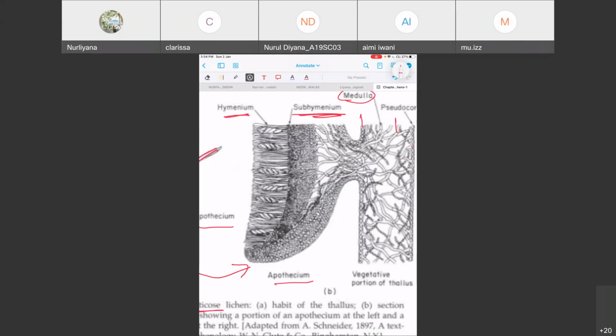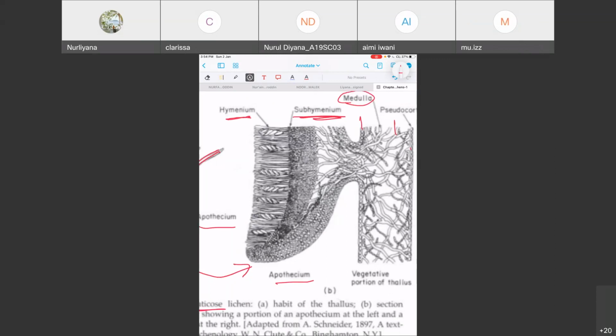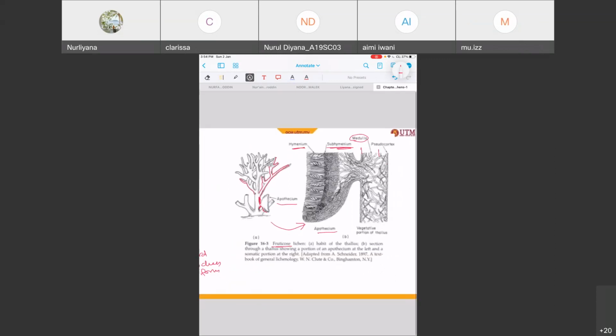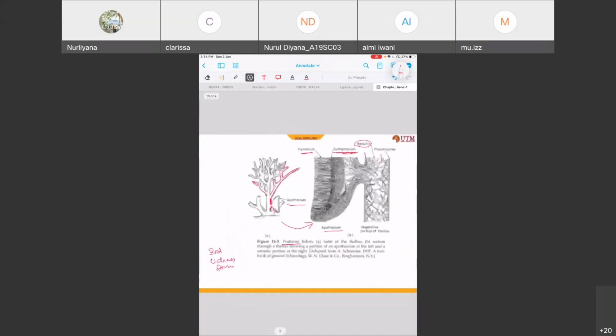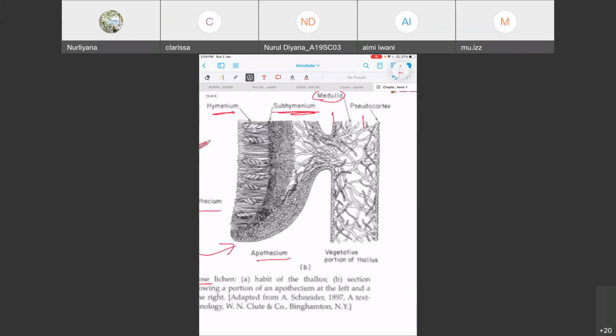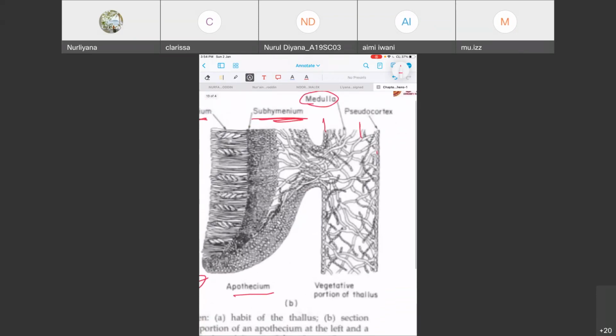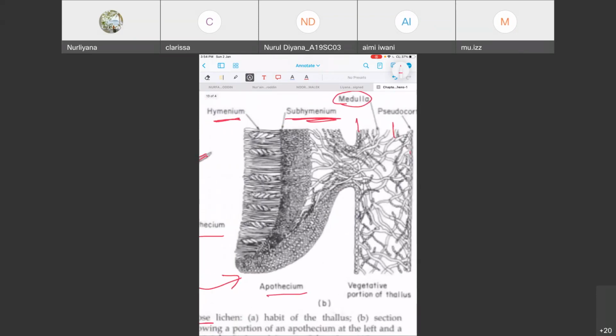Where is the medulla here? If we look here, it does not sit in the medulla, it sits in the cortex layer. So here we cannot see the algae. This is the layer of fungi that created the epithelium structure.